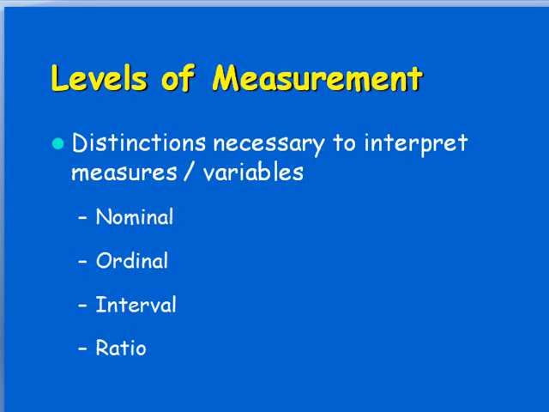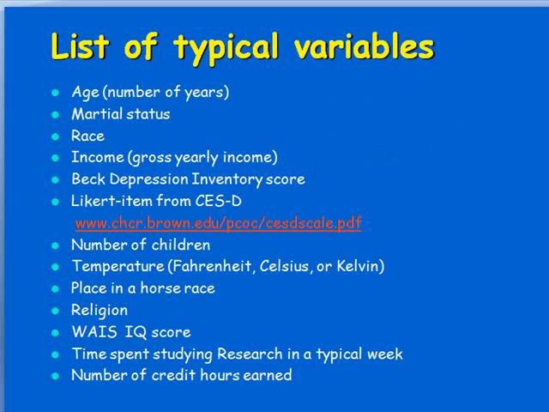Qualitative variables, we'll talk about at another time. Qualitative variables are open-ended questions. For quantitative variables, there are nominal, ordinal, interval, and ratio, and we'll talk about each one of these. And again, this should be a review, so I'm going to go through it rather quickly.